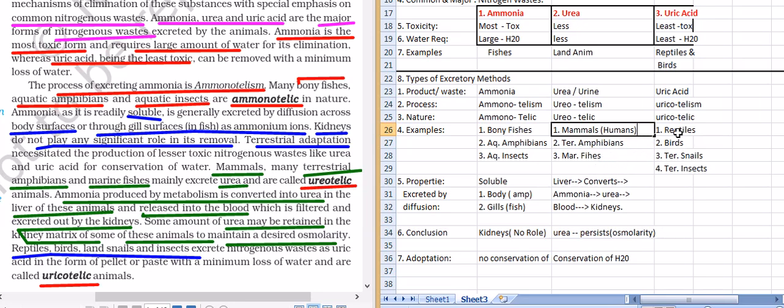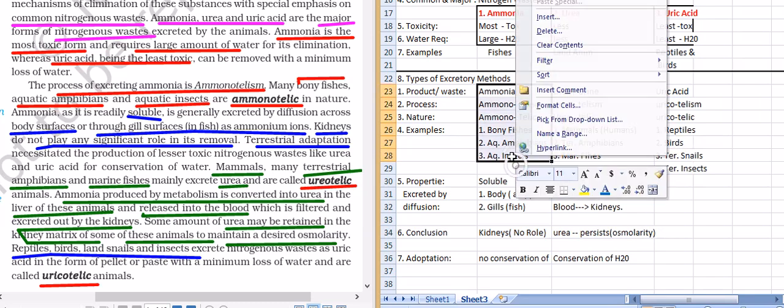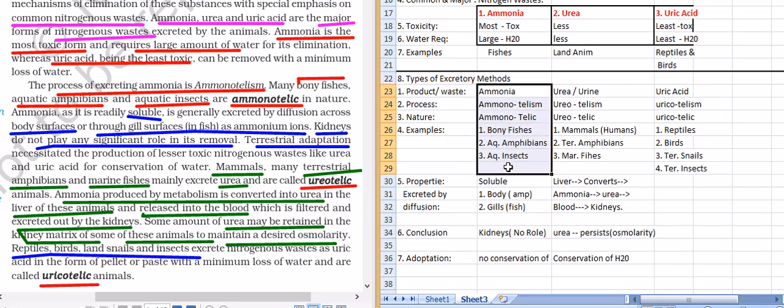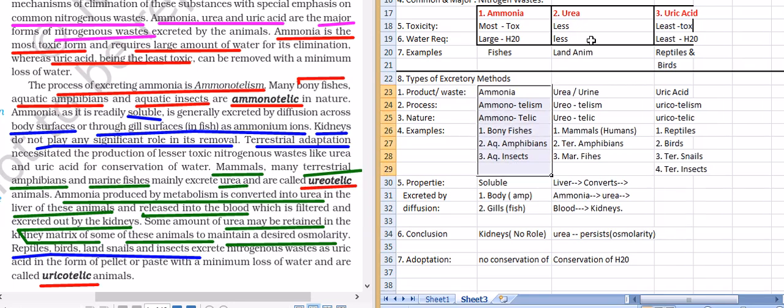Next are these reptiles, birds, terrestrial snails, terrestrial insects. So 3 examples, 4 examples. So this you have to make into a box. So that is a method to remember how many examples were given for which category. So with this you can easily remember the number of examples also.